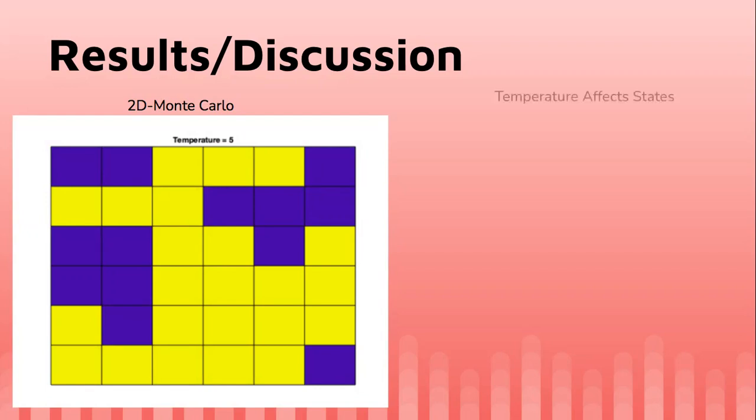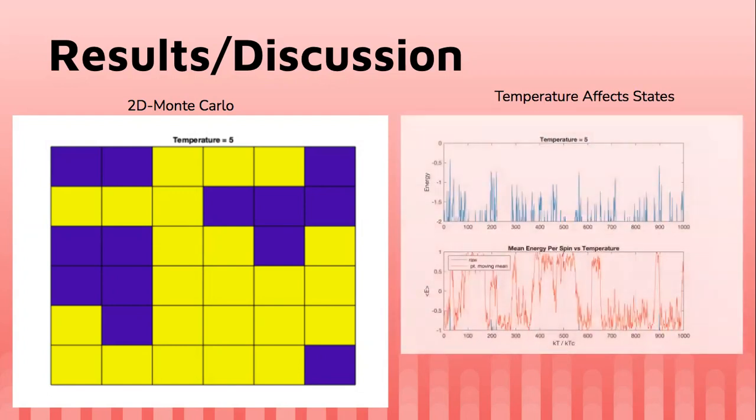In order to see exactly how temperature was affected and played a part in this, I plotted it in this graph right here, and you can see how the energy varies a lot when you compare it to the temperature. You can see it gets much more drastic, as the red lines indicate.